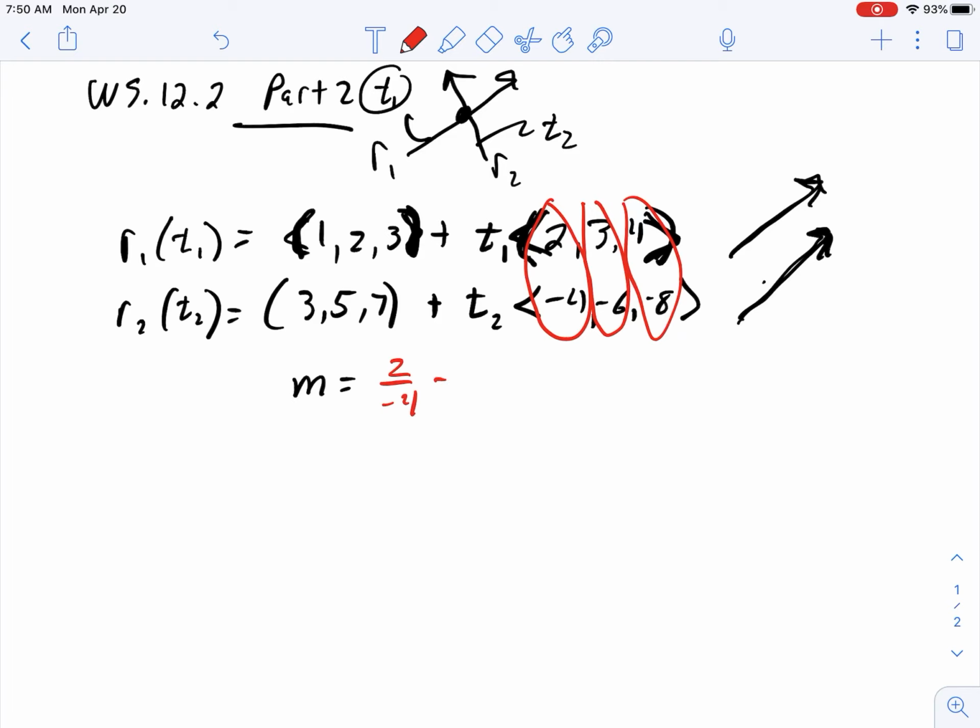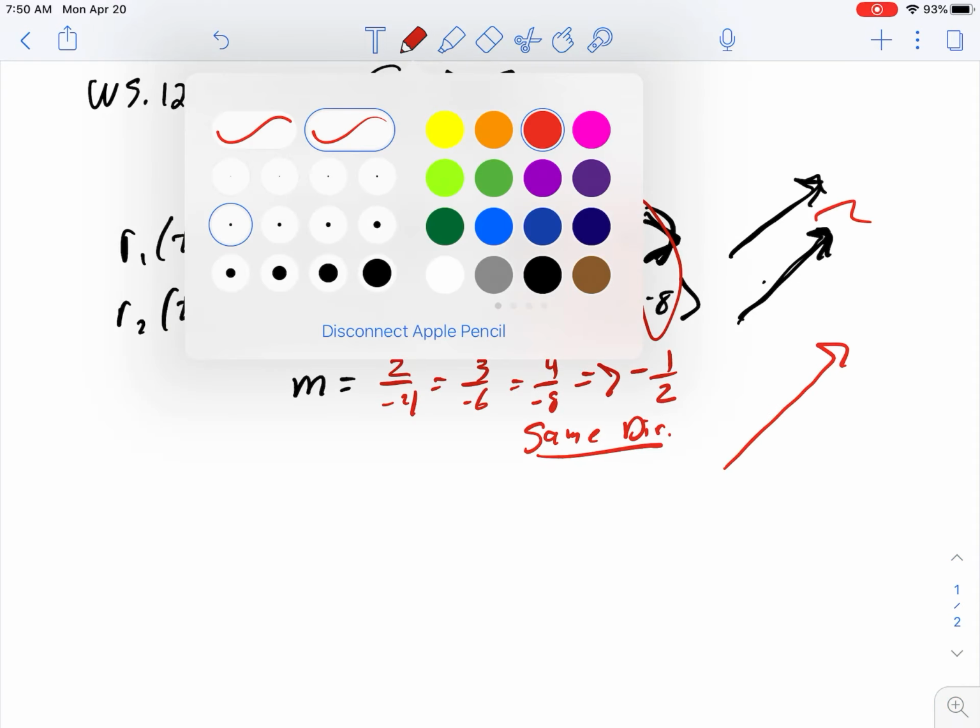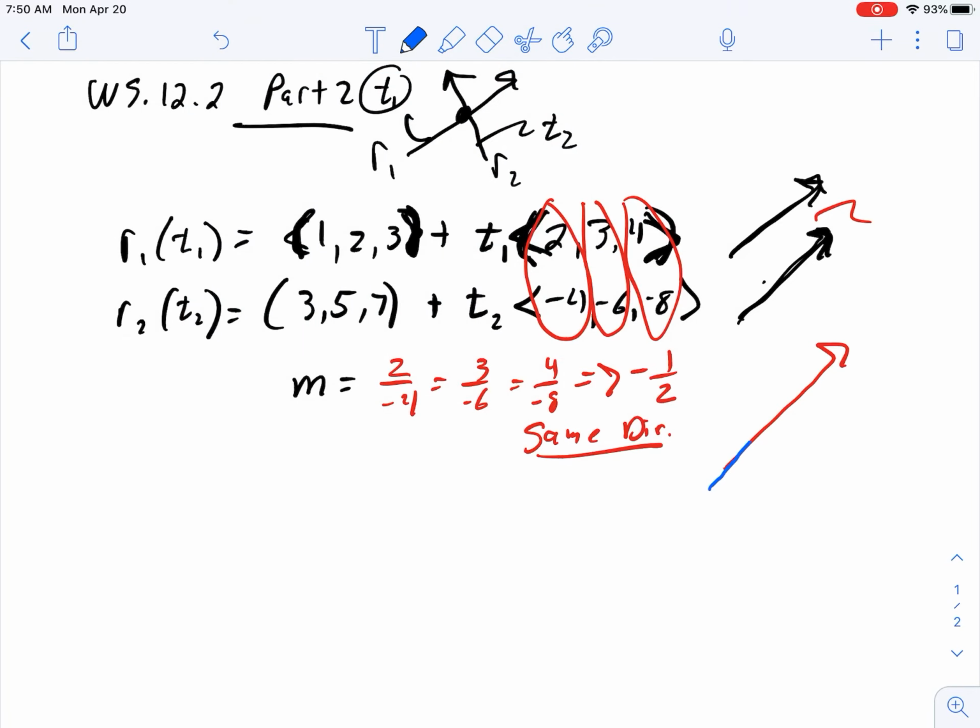So if you have 2 over -4, 3 over -6, 4 over -8, notice all those imply a direction of -1/2. So they are going the same direction. However, you could also have one trailing another one, following the same path. So it could be either one of these cases.